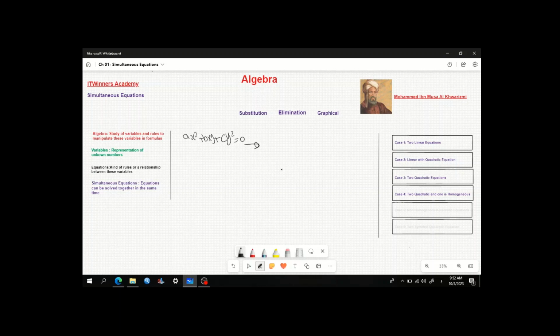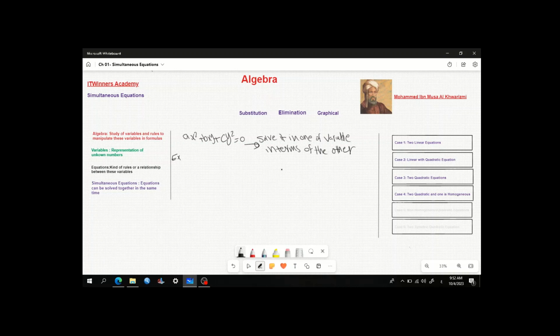So I can solve it in one of the variables in terms of the other. Okay, let's take our example.